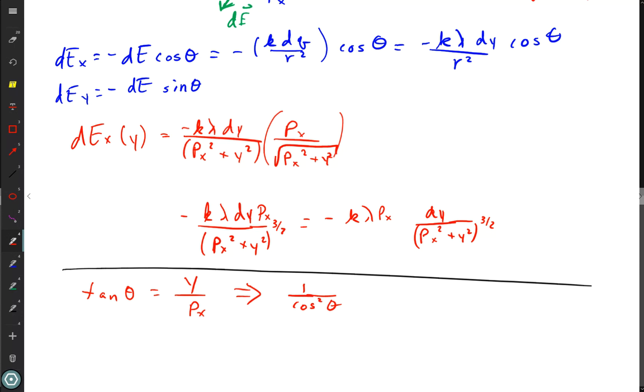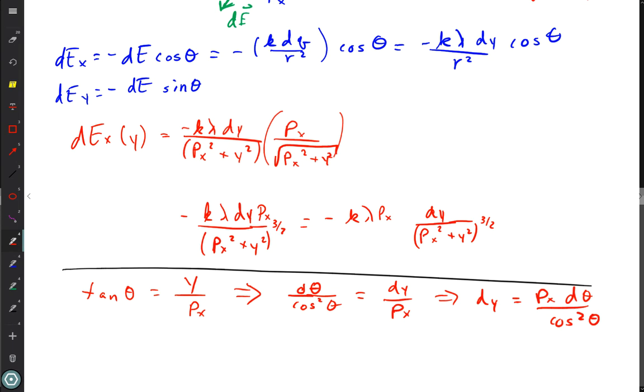Now, I didn't do the derivative with respect to something. I just said derivative. I have d theta times secant squared. So I have d theta on top over cosine squared theta is equal to, and what's the derivative of y over px? Px being a constant. It's dy over px. And so now I can replace dy is equal to px d theta over cosine squared theta.